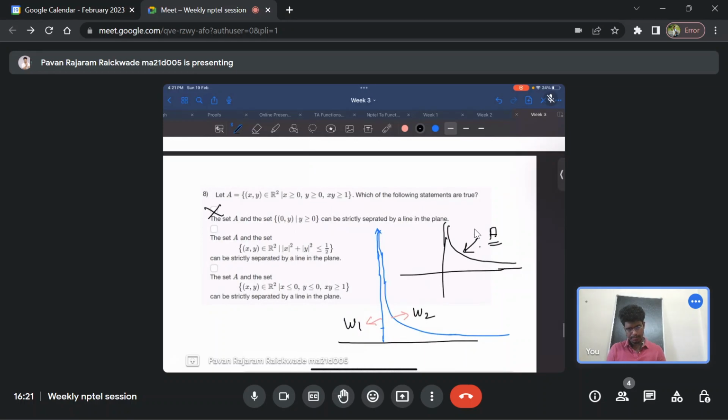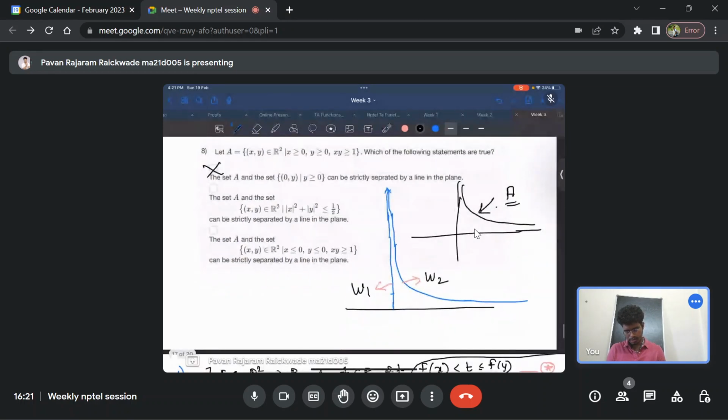Question number 8, part B. The set A, the same set, and a circle of radius 1 by root 2.